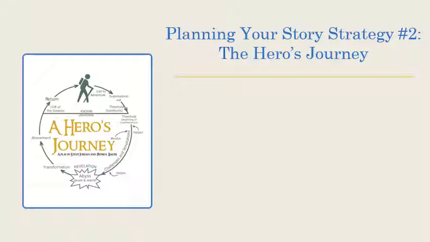So if that last strategy didn't work for you in terms of thinking of your story in parts, then maybe think of your character as needing to go through these different stages of their life. You can really break down any story this way.